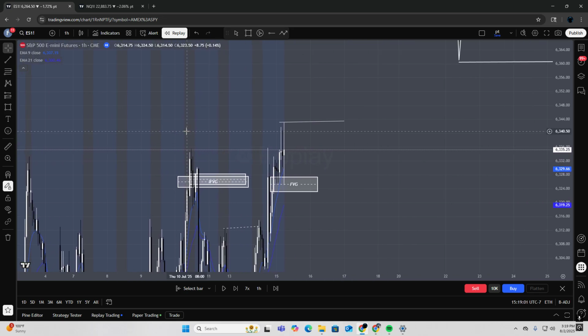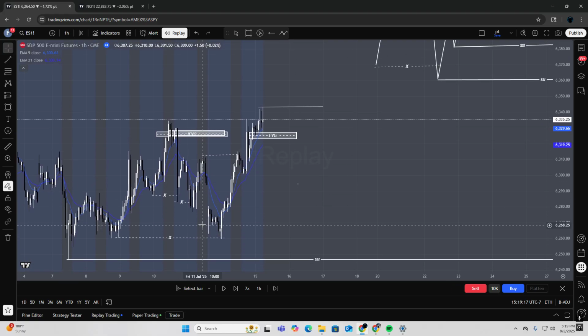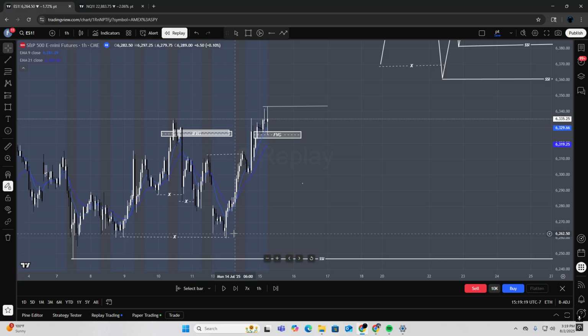But that's also something to keep in mind, because the reason you're pushing higher or lower is because it's always a higher time frame fair value gap, higher time frame low, or higher time frame high that's being inserted, right? The reason we would sell off pretty hard is because we're going to insert that higher time frame low.